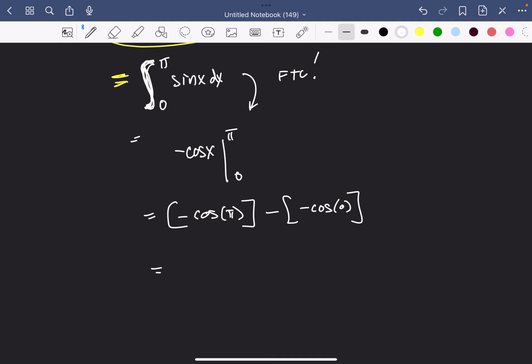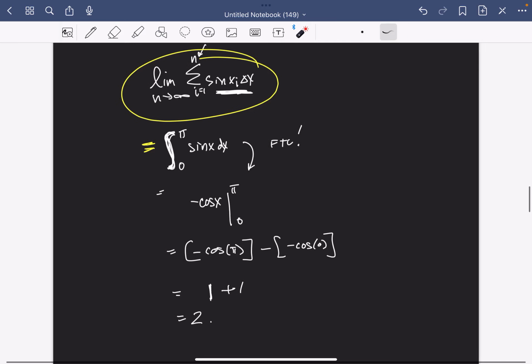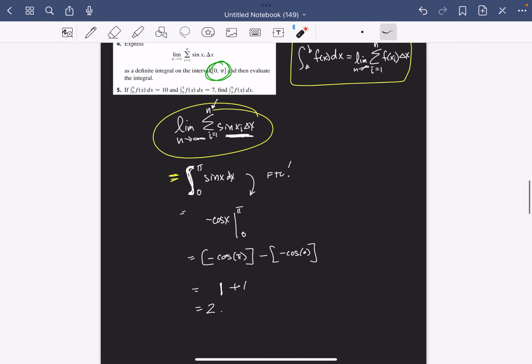So cosine of pi, the x-coordinate over there, is -1, hit it with a negative, it's going to be 1. Cosine of 0 is 1, make it negative again is -1, and subtracting that gives +1, and so you're going to get 2. So this infinite sum is exactly equal to 2. Pretty amazing.